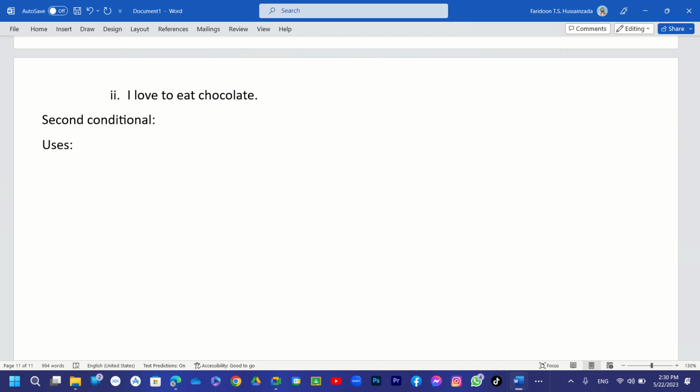For the uses, we can say that it is talking about unreal or imaginary or impossible future, or sometimes you can also go with present situations. Okay, we're trying to make it as short as possible, so I hope it's good.